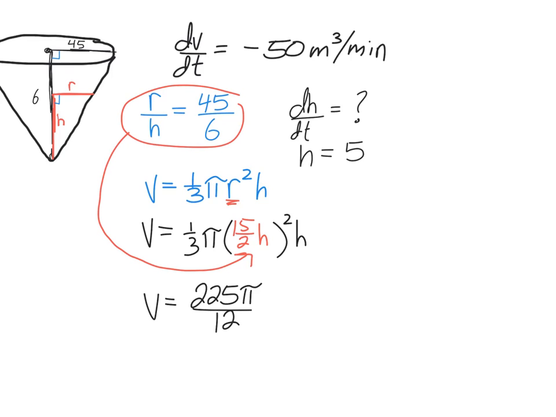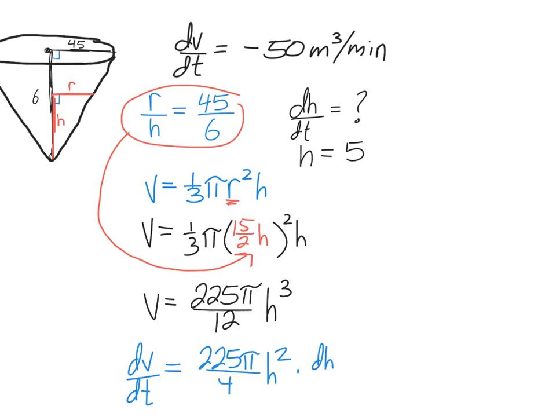Because the 2 is getting squared also. Then h cubed. Then we could differentiate using just the power rule. Well, implicit differentiation involving the power rule. dV/dt would be equal to 225 pi over 4 h squared times dh/dt.